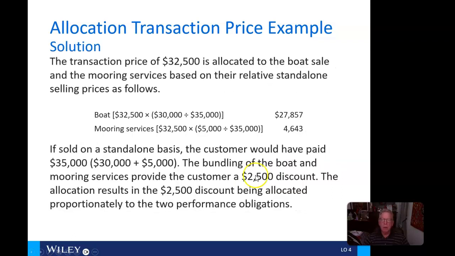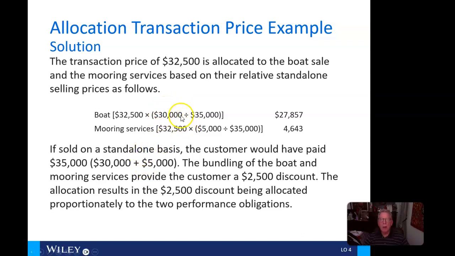Well, I think this one's pretty straightforward. The transaction price of $32,500 is allocated to the boat sale and mooring services based on their relative standalone selling price. So here's their relative standalone selling price of $30,000 plus $5,000.